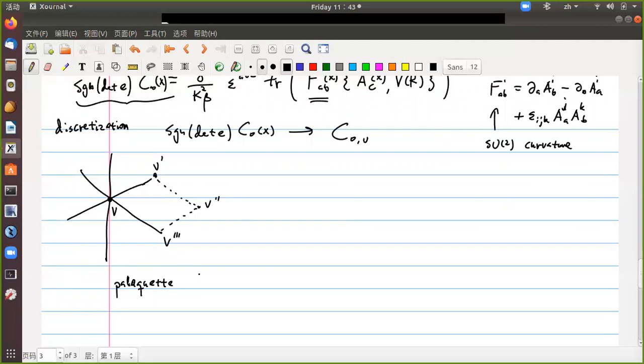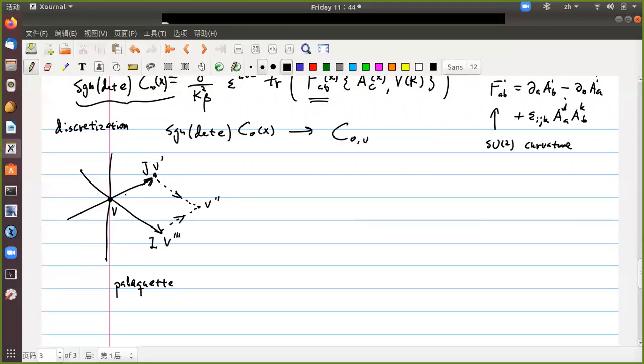Anyway, around this plaquette, you can find a loop. Let me orient the graph. This is direction I, and let's assume these two edges are outgoing. This is direction J. The orientation is parallel to this edge, and this edge is parallel to that edge.